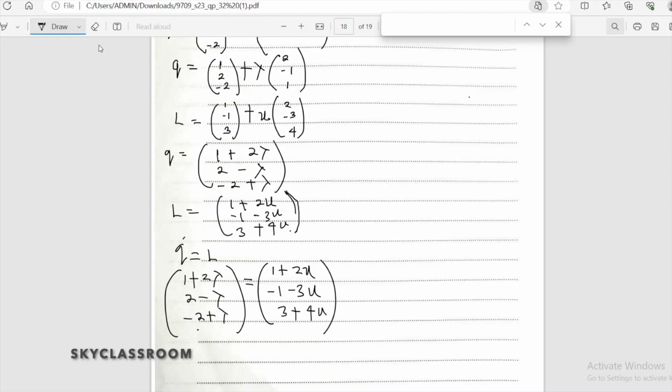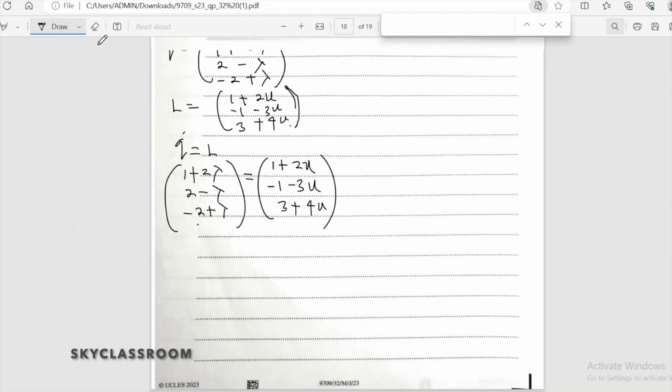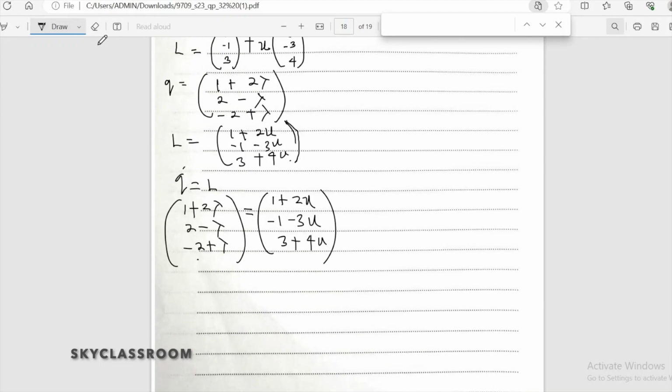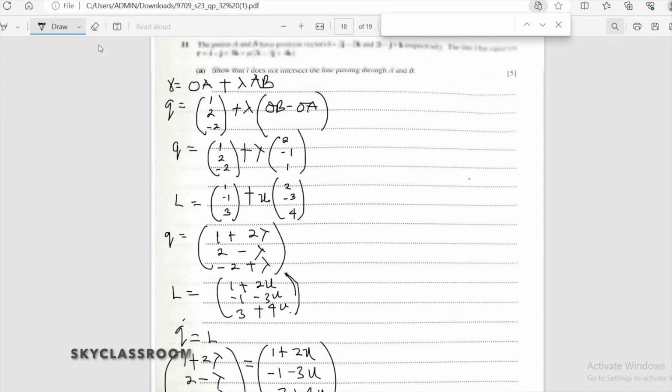We're equating them in order to find lambda and mu, the two unknown variables. For the x value, 1 plus 2 lambda equal to 1 plus 2 mu. Is it 2 lambda for the first one?